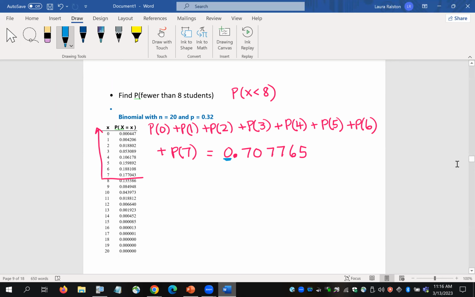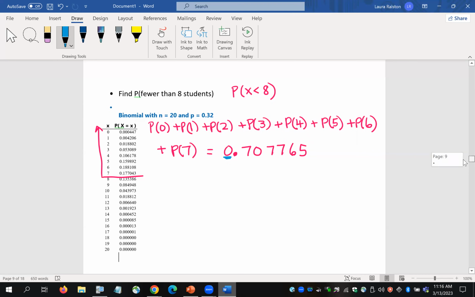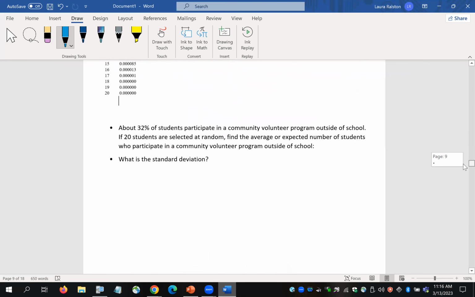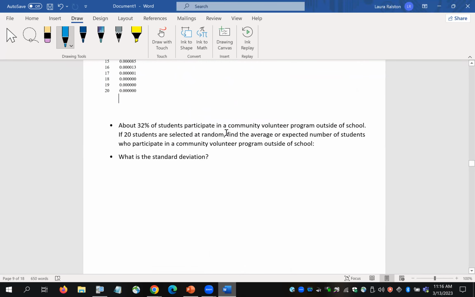Okay, questions. I'm going to do some more examples in a minute, but I want to show you how to calculate the mean and the standard deviation as well. Using that same scenario where about 32% participate in a community volunteer program, we select 20 students at random, find the average or expected number of students.